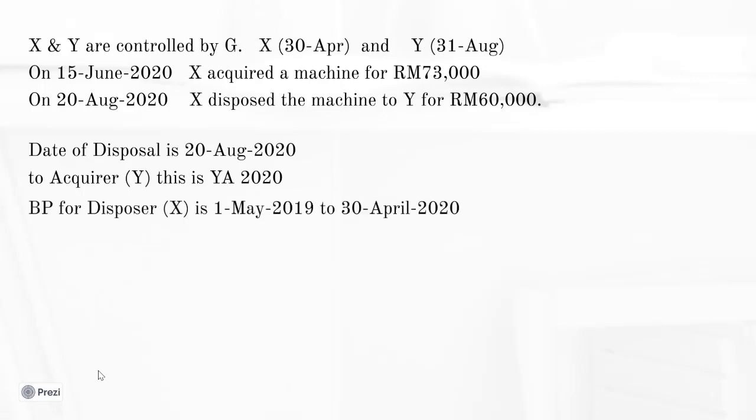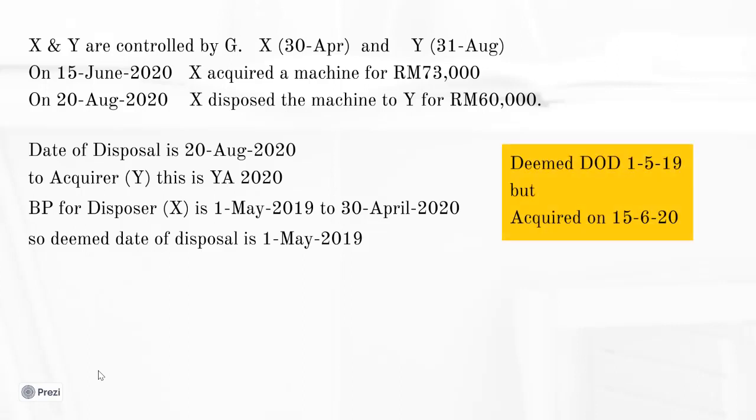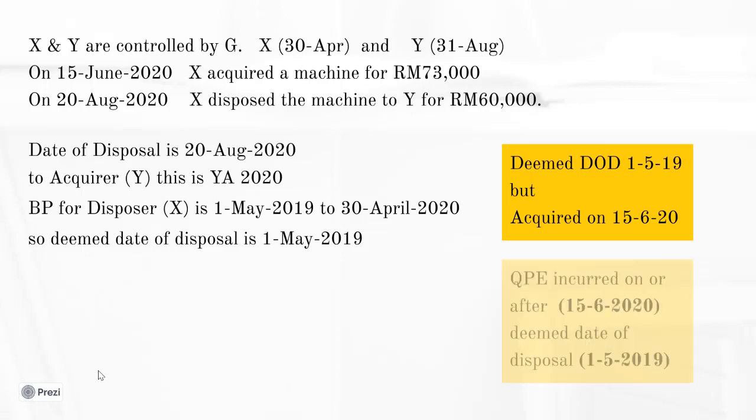So the basis period for the disposer, which is X, will be from 1st of May 2019 to 30th of April 2020. And what is the deemed date of disposal? 1st of May 2019. Now you see the issue? The deemed date of disposal is 1st of May 2019. But the actual date that the company acquired the asset was 15th of June 2020.